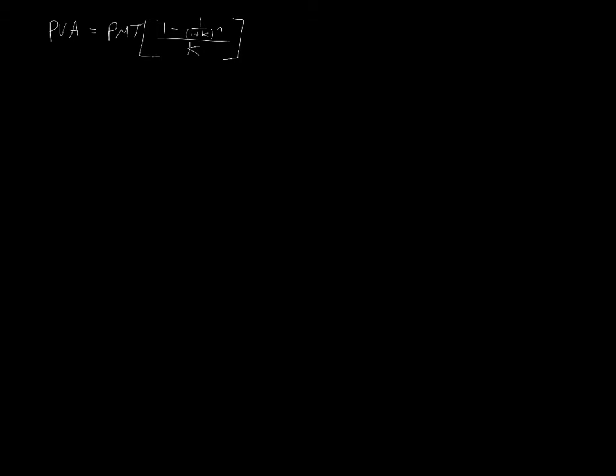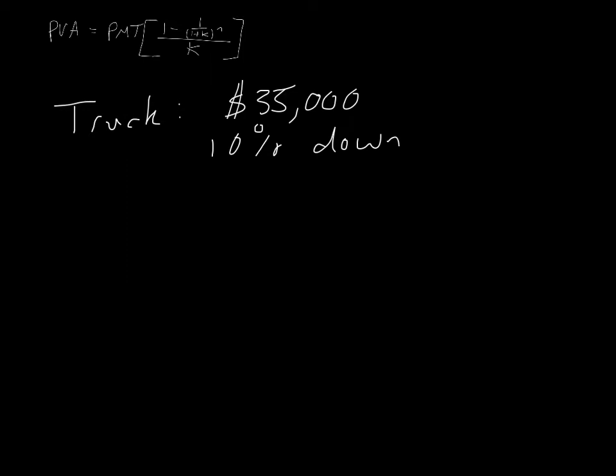And we'll take an example where we're going to buy a truck. And the truck is $35,000. We need 10% down, and our rate of interest, or our discount rate, is 5%.